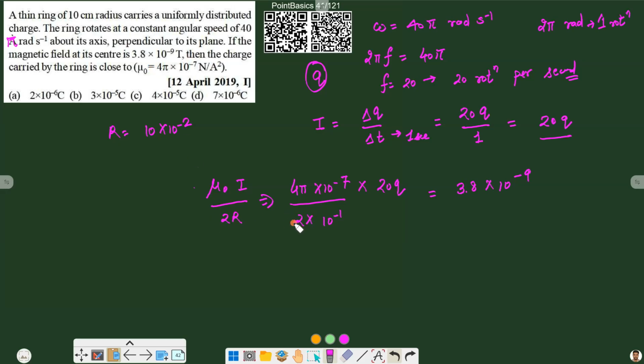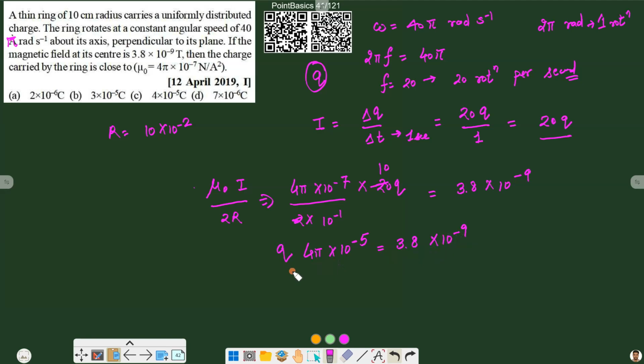We can adjust some values here. This will go on the top and become 100. So on this side we have 4 pi into 10 raised to power minus 5, and here 3.8 into 10 raised to power minus 9.